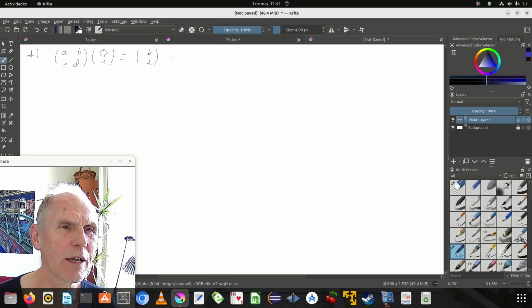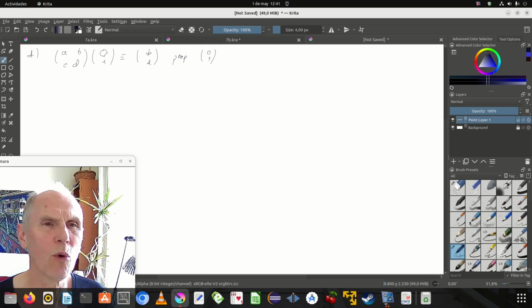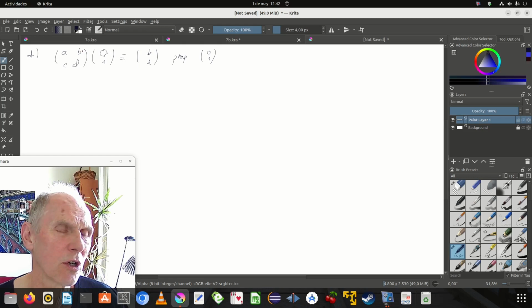And then I would like that to be proportional to 1. That means that B must be equivalent with naught modulo n, which it is not.